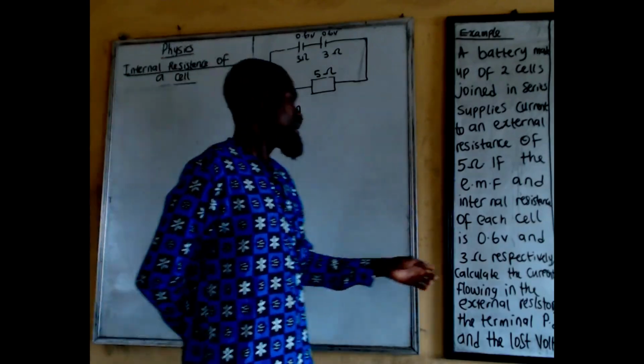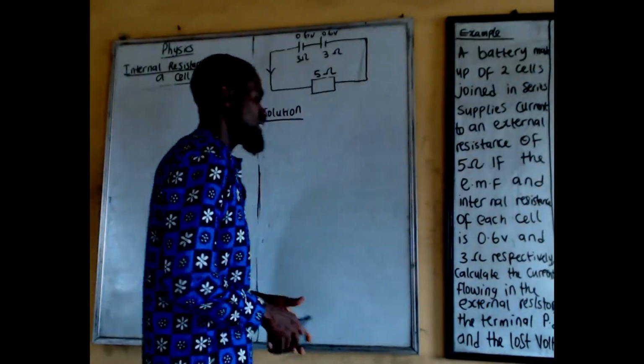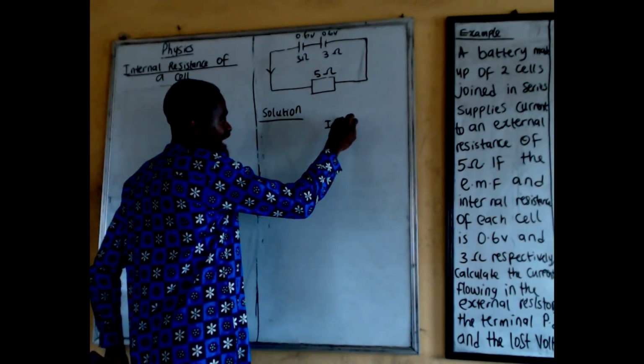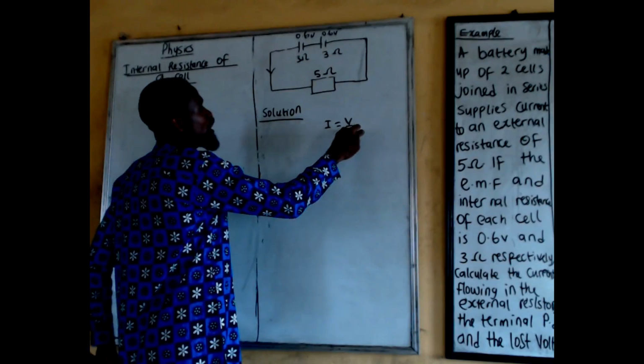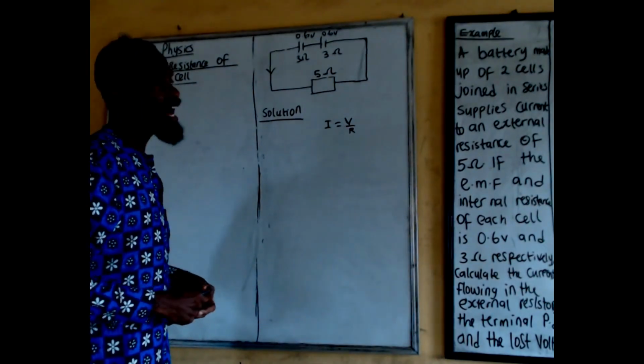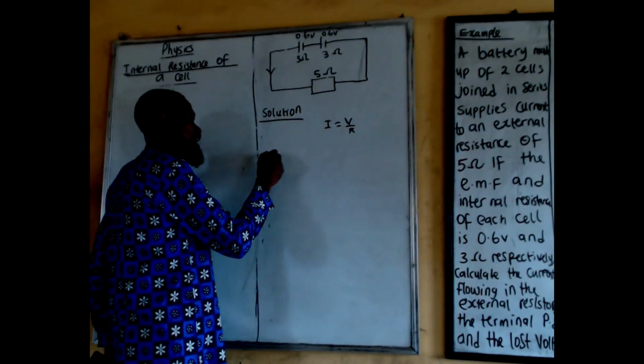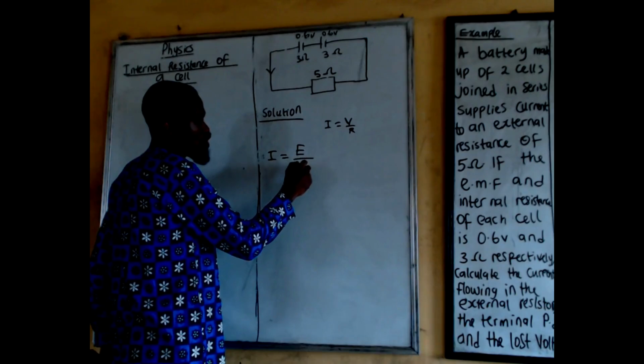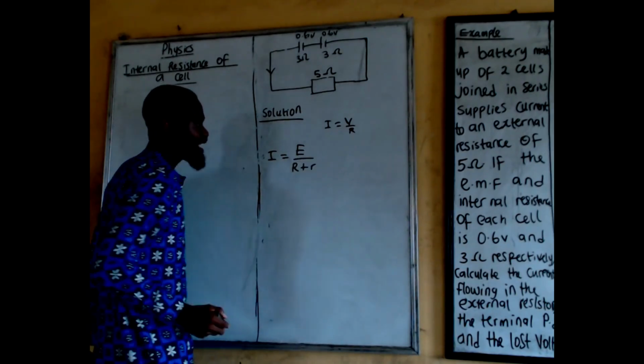Now, it says calculate the current. Like I said, if internal resistance was not mentioned, we would just say I equals V over R. But the internal resistance of the cells is called into question. So we use the formula I equals E over R plus r, that is, EMF over external resistance plus internal resistance.